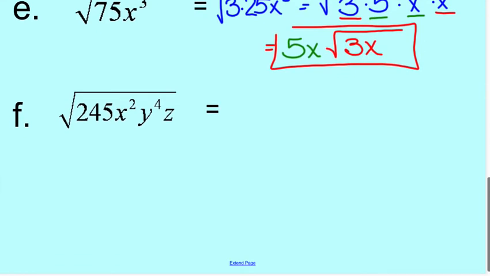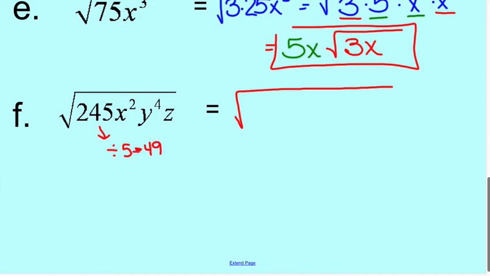All right, going down to the square root of 245, x squared, y to the 4th, z. I'm going to start with 5 again, the prime number 5. 245, if I divide that by 5, I get 49.